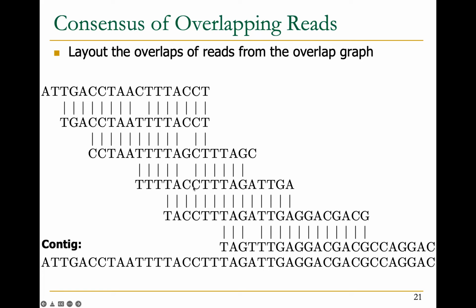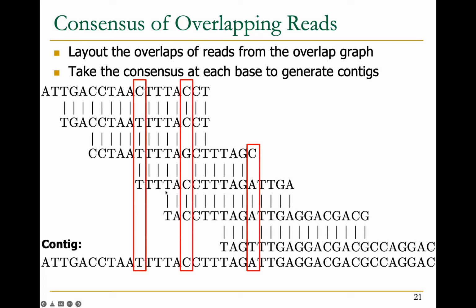So next, what we want to do is generate the contig from all this overlapping information. A very simple process to achieve that is to take the consensus of these overlaps, right? What does the consensus look like?